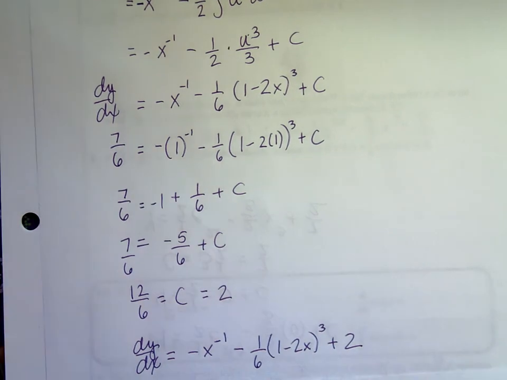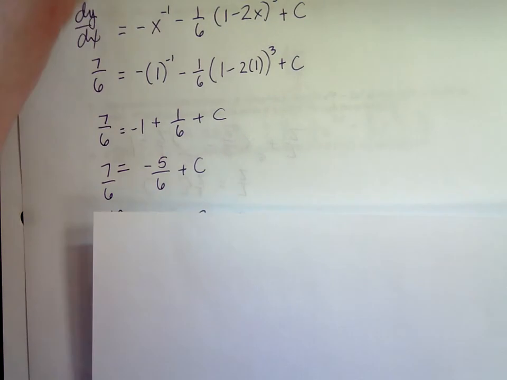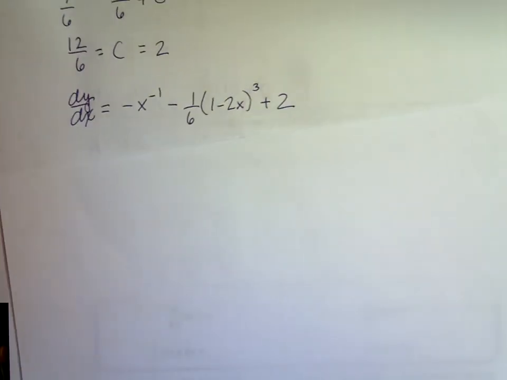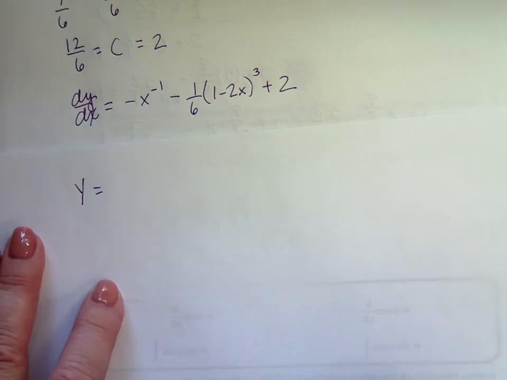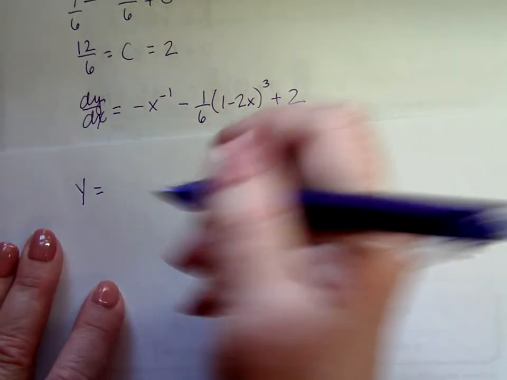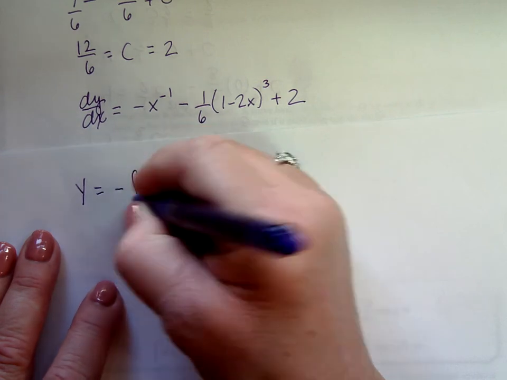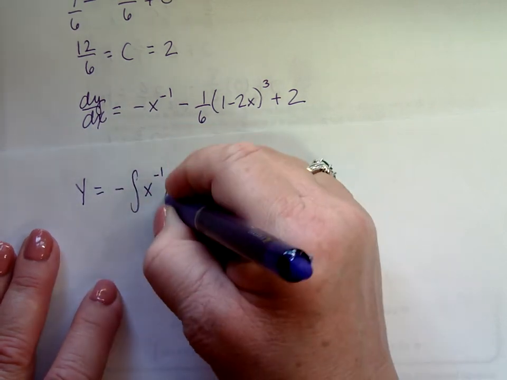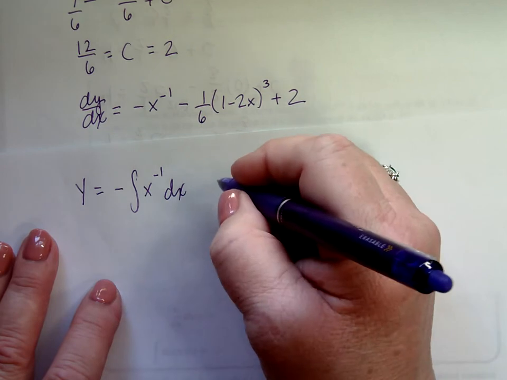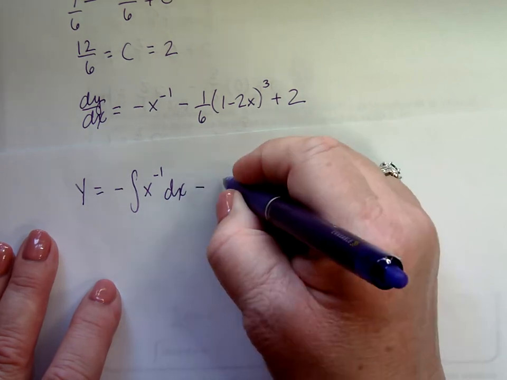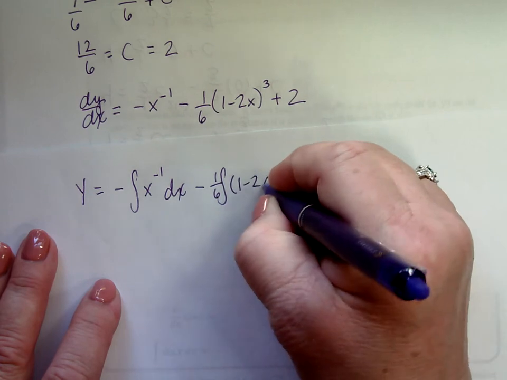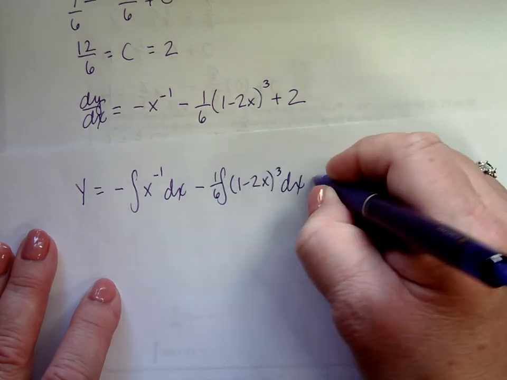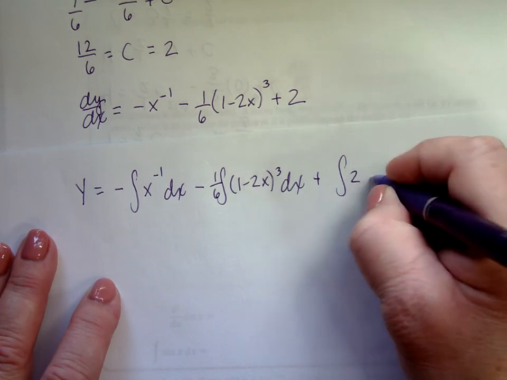So let me add on to my paper here, if I can. Too much paper. Okay, so trying to get to y equals, I need to integrate each of these pieces. So I'm going to take that negative sign out. It's x to the negative 1, or that's the same thing as 1 over x, minus the integral, I'll keep that 1/6 out in front, of 1 minus 2x cubed, plus the integral of 2 dx.